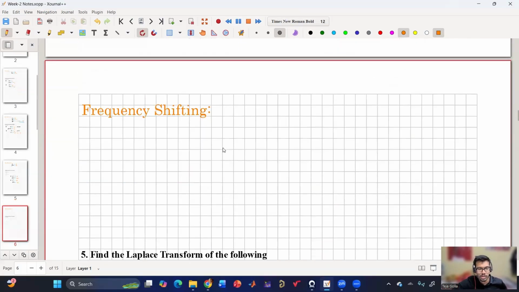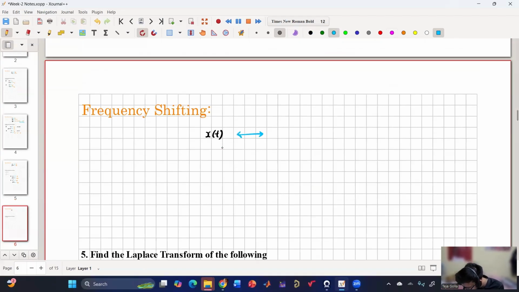Now coming to frequency shifting. If we have a shift in the frequency, how will it be reflected in the time? Everything is referred from x of t. So we have x of t with transform x of s.